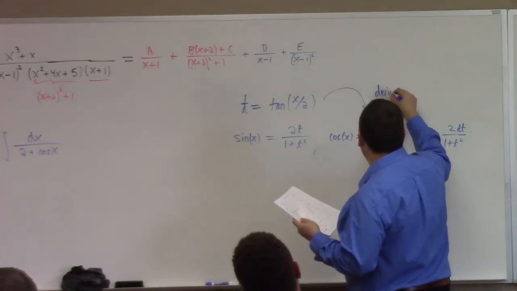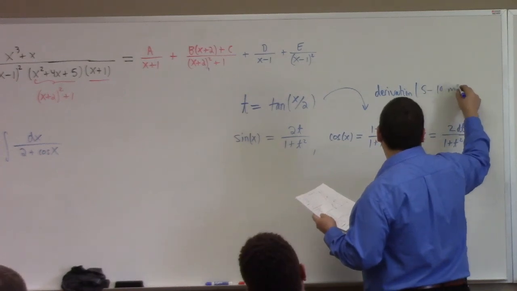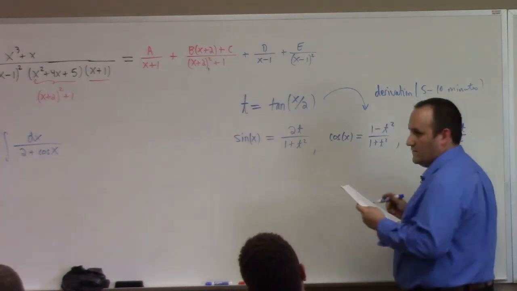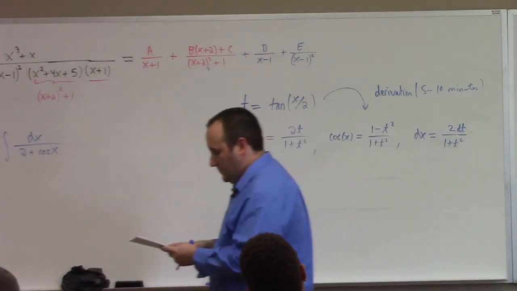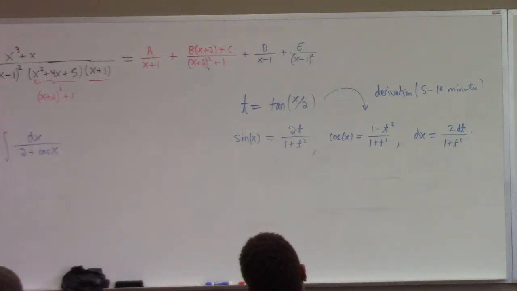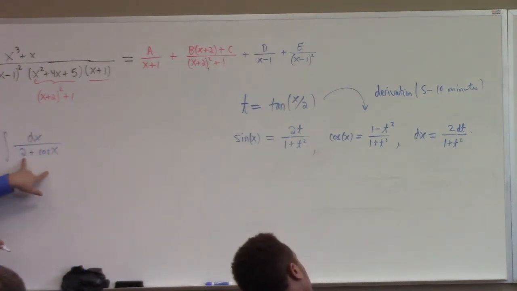There's a derivation. It's about 5-10 minutes, maybe less if you're completely confident about everything you're doing. So with those substitutions in hand, what happens when you come to an integral like this?